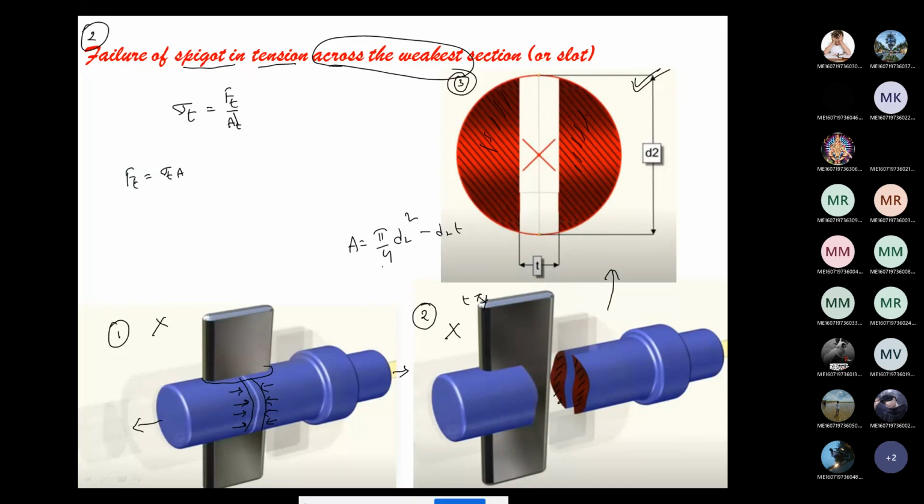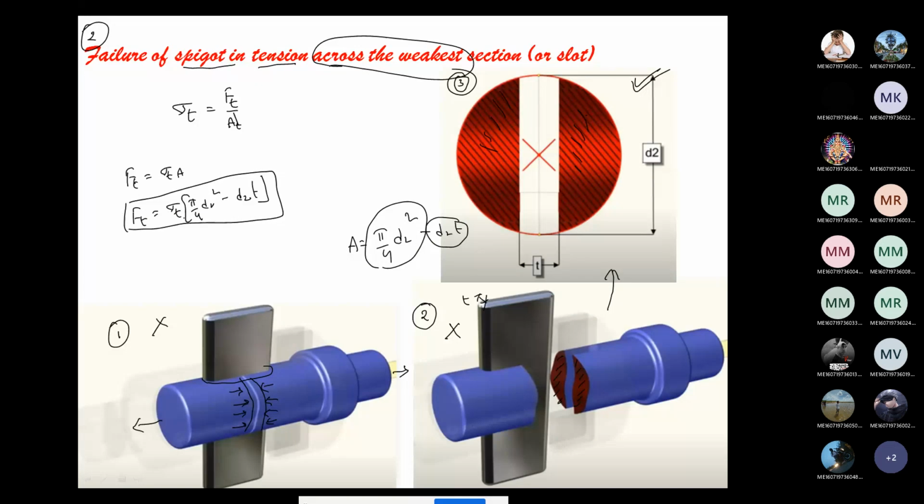That is, this is the solid area minus the hollow portion. So pi by 4 into d2 square minus d2 into t. That is, I'm writing here Ft equals sigma t into pi by 4 into d2 square minus d2 into t, right?